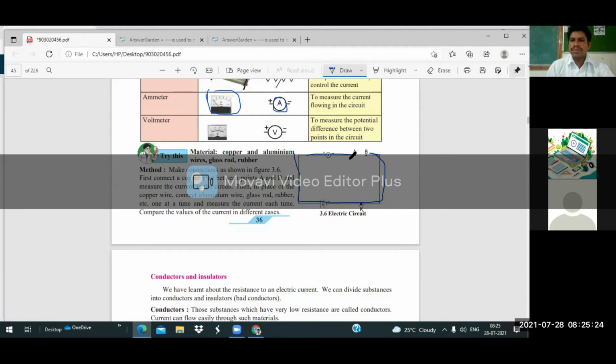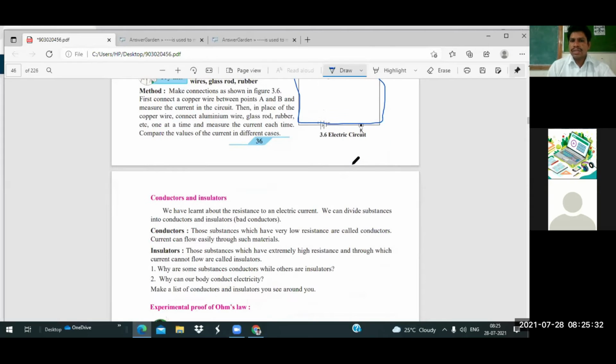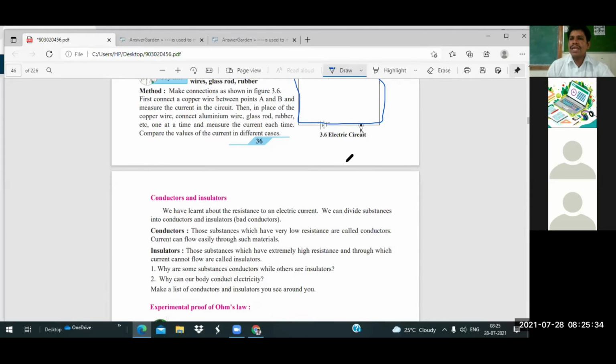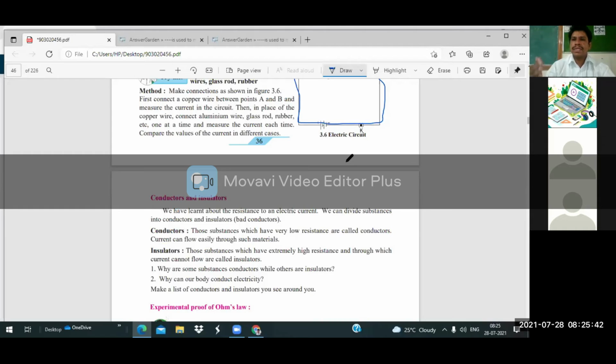From this experiment we are getting two concepts: the conductor and the insulator. The conductor definition: those substances which have very low resistance are called conductors, and if their resistance is very low, then they can pass the current easily. The insulator has high resistance.